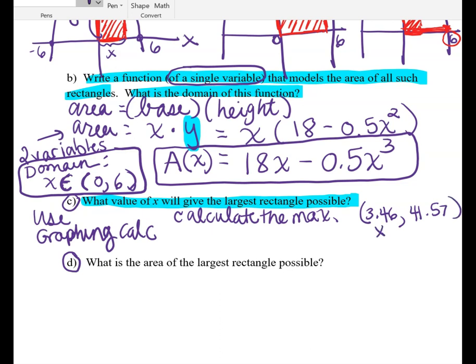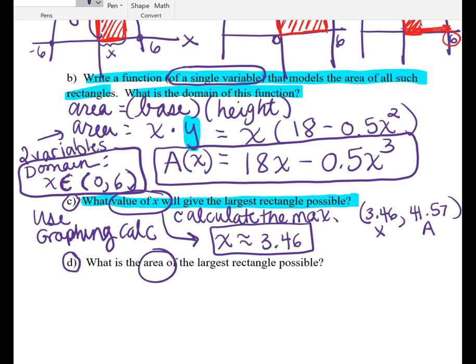So this is our x value, and this second value is our area. So for letter C, we're looking for the value of x that gives the largest rectangle possible. That would be x is approximately 3.46. Just to make sure we answer the questions that are at hand.